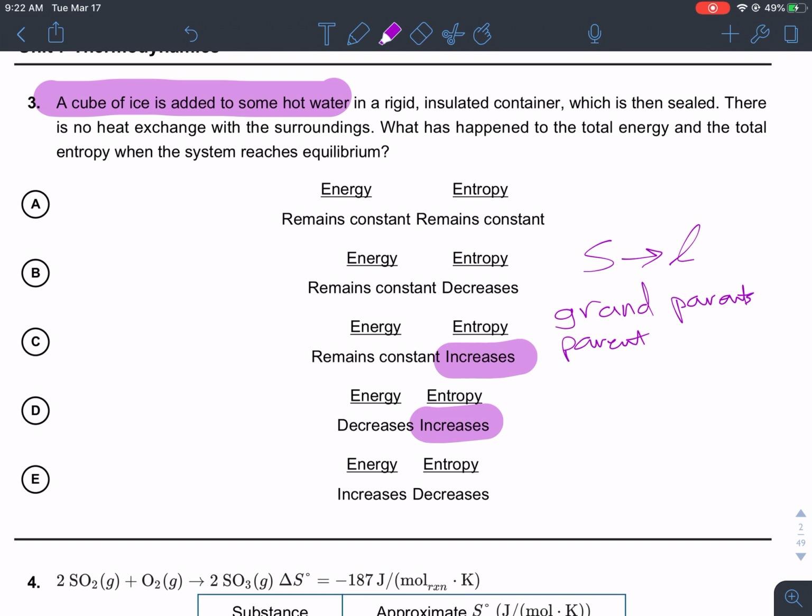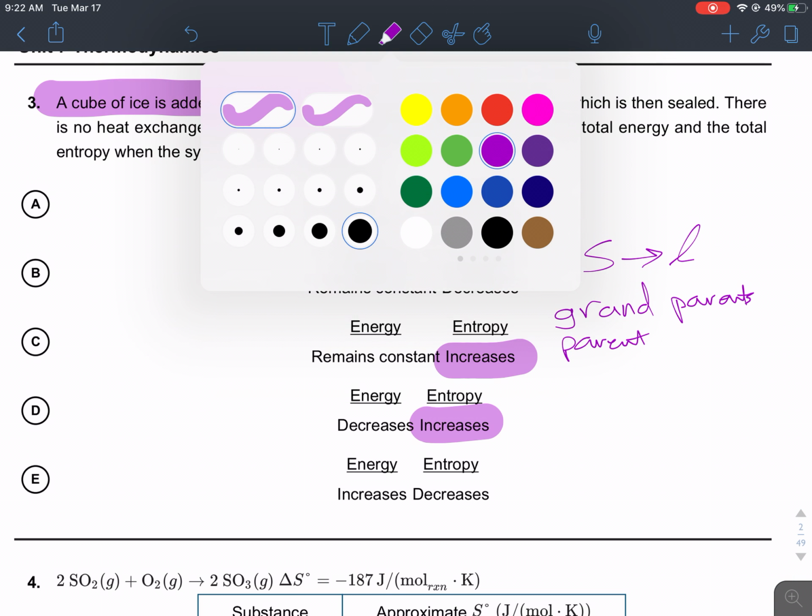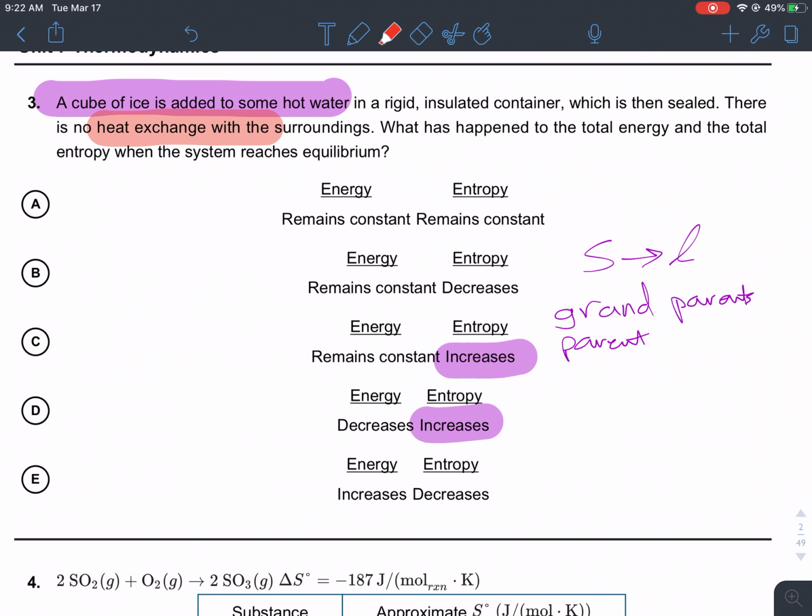Okay, that's the first part. So we're now dealing with C or D only. All right, which is then sealed. Okay, it's been sealed. There is no heat exchange with the surroundings. When it says there's no heat exchange with the surroundings, that means all the energy is kept constant. So the correct answer is here.